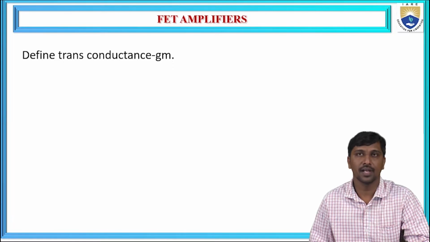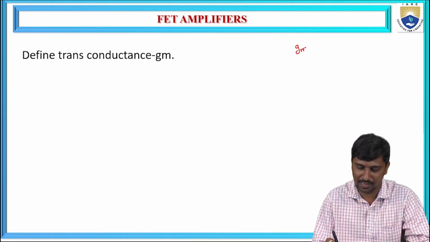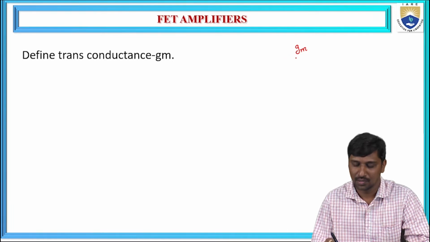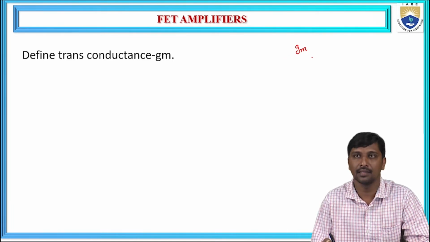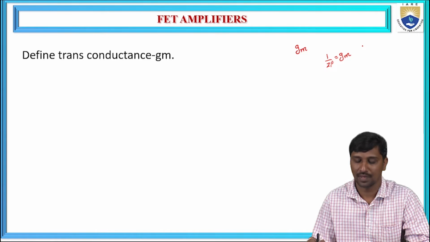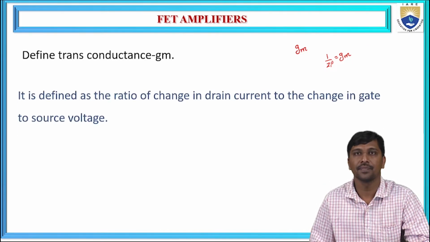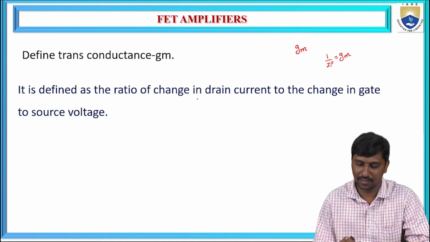Now define transconductance. Here the transconductance is represented as GM. Generally, the reciprocal of impedance, that is 1 by Zi, is called transconductance.